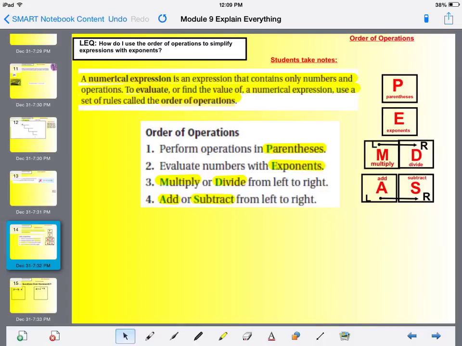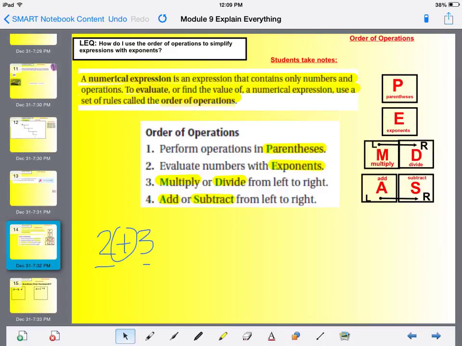And the only difference with the order of operations that we're talking about for this module is we discussed numerical expressions being expressions that contain only numbers and operations. So for example, something like 2 plus 3 is a numerical expression because it's filled with numbers and operations.